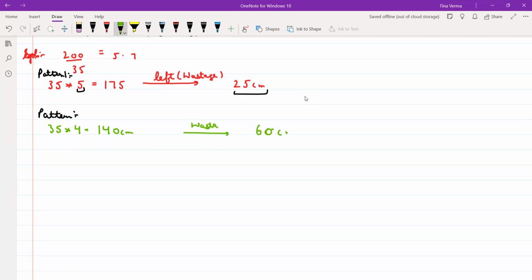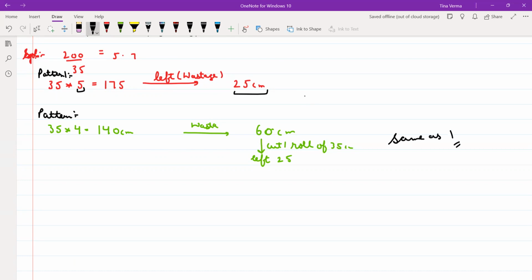Can you waste 60 centimeter? अगर 60 सेंटीमीटर आपका वेस्ट हो रहा है, that means you can cut 1 roll of 35 centimeter. ठीक है, तो अगर आपने 1 कट कर भी लिया रोल, so this is same as, तो आपके पास लेफ्ट कितना बच गया, that is the same pattern as pattern 1.